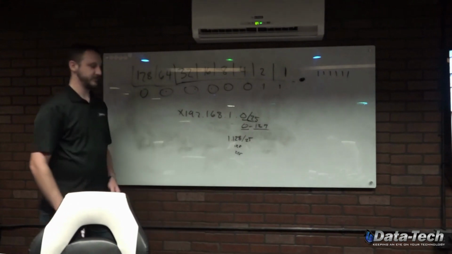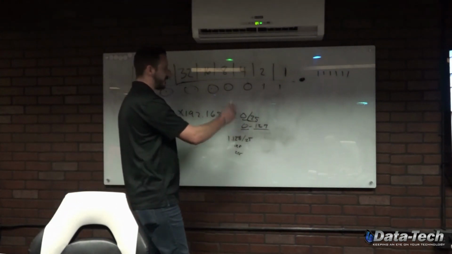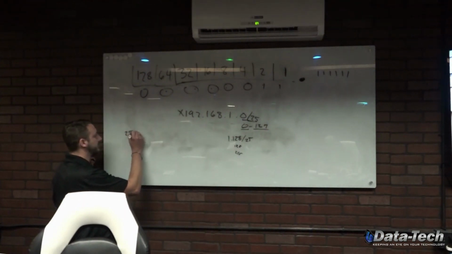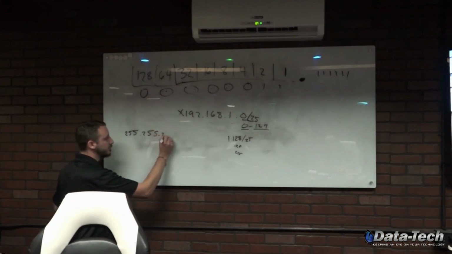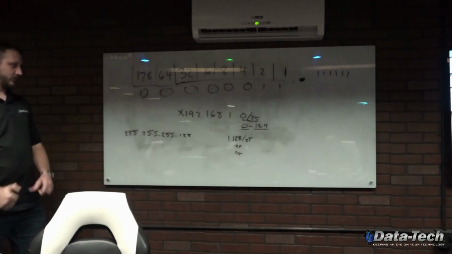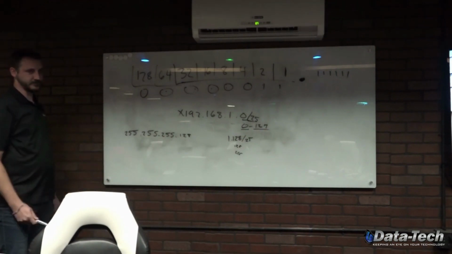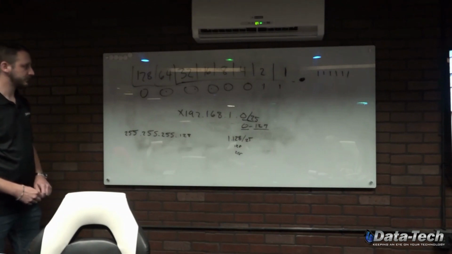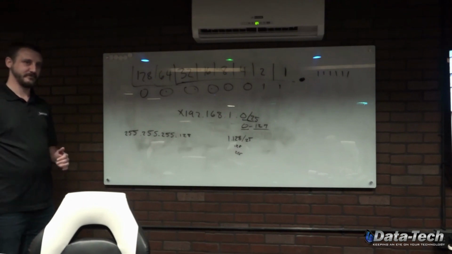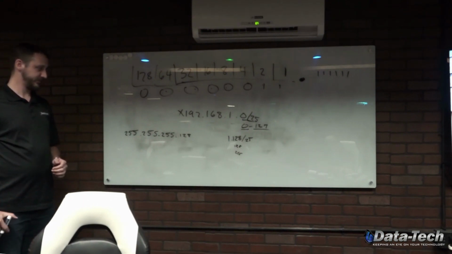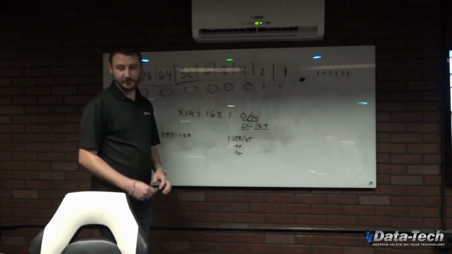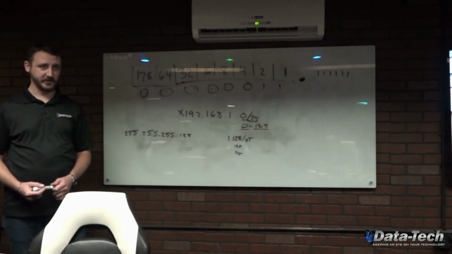If you do /25 all the way across, it'll look like this. And that's a /25, if I'm not mistaken. And you can keep doing that all the way down. If I were a little more prepared, I would pull out the subnet cheat sheet.